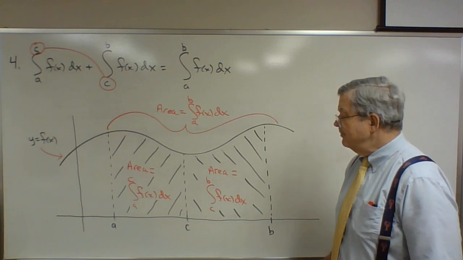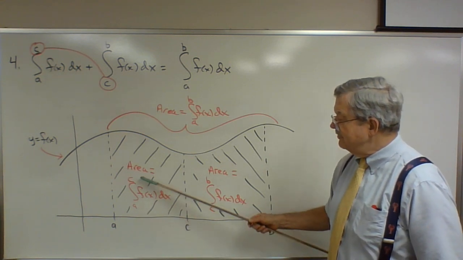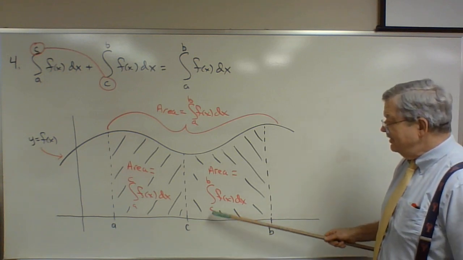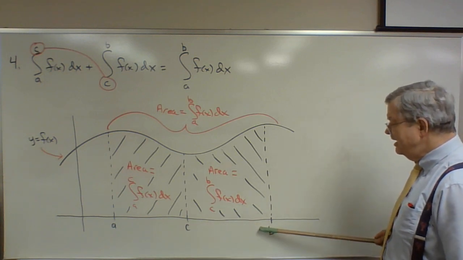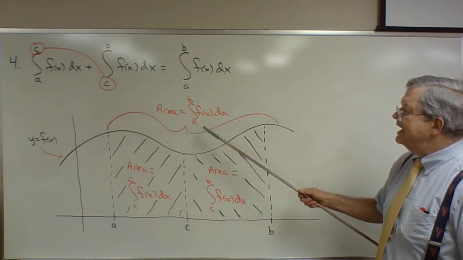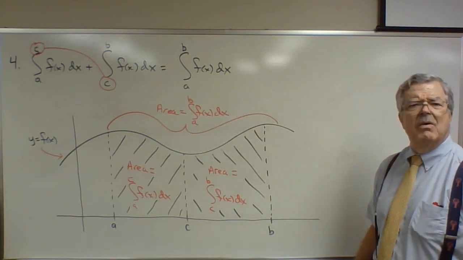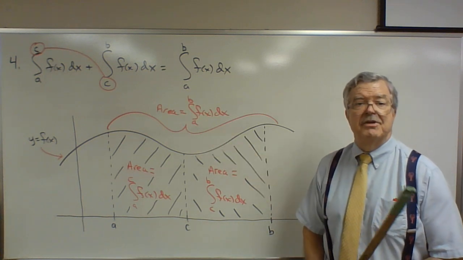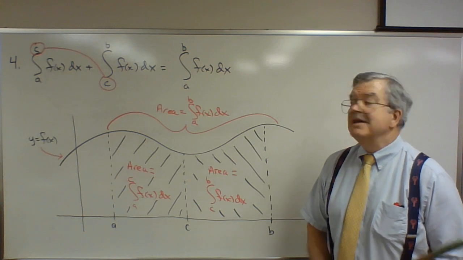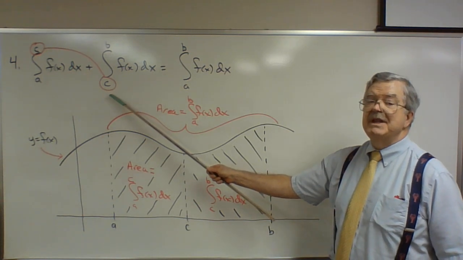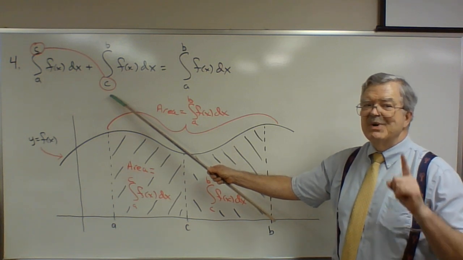The integral from a to c, that's this area right here. And the integral from c to b, that's this area right here. If you put these two areas together, you get this area from a to b. It's a lot more intuitive if we set it up this way, but c doesn't have to be in between a and b. It still works anyway.